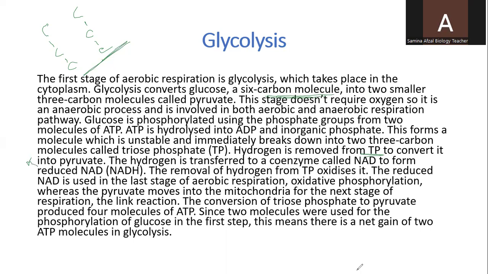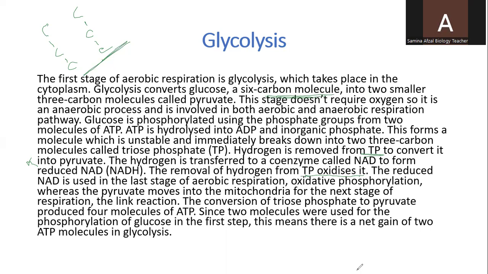So the removal of hydrogen from triose phosphate oxidizes it, and at that time the NAD is changed into reduced NADH. The reduced NAD is used in the last stage of aerobic respiration, oxidative phosphorylation, whereas the pyruvate moves into the mitochondria for the next stage of respiration, the link reaction.